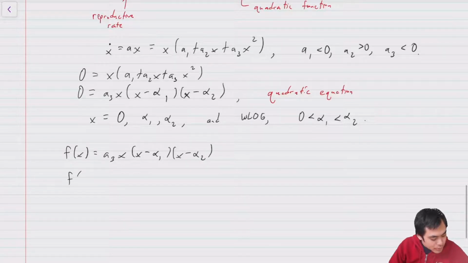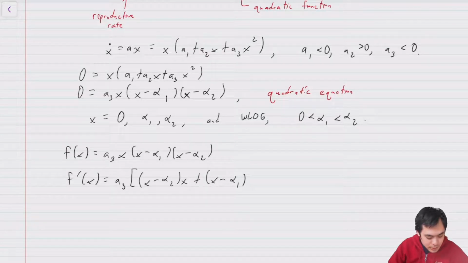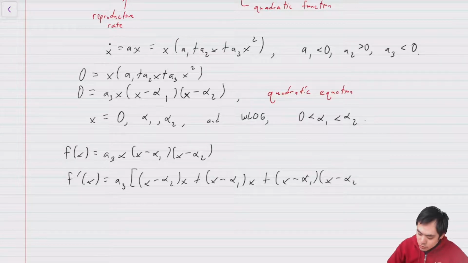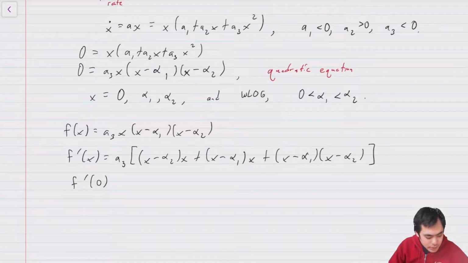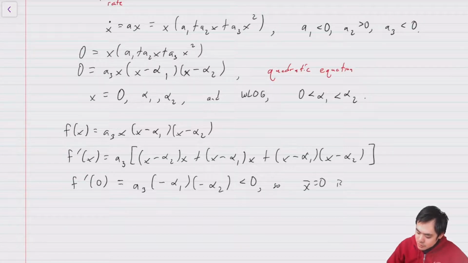So then f prime of x is going to be equal to a3 times the quantity (x minus alpha 2)x plus (x minus alpha 1)x plus (x minus alpha 1)(x minus alpha 2). Okay, and so f prime of 0 turns out to be equal to a3 times minus alpha 1 times minus alpha 2, which is less than 0. So x bar equal to 0 is locally asymptotically stable.